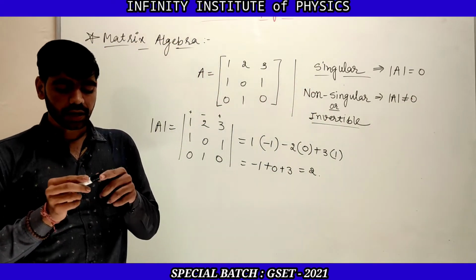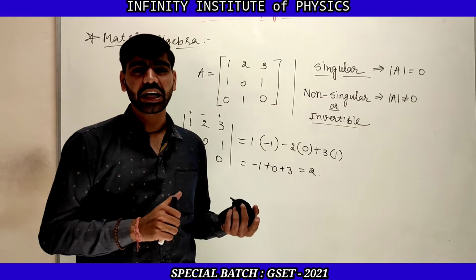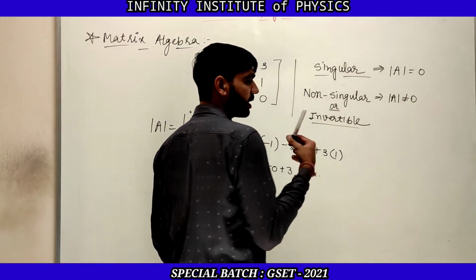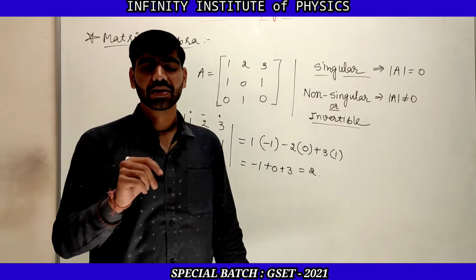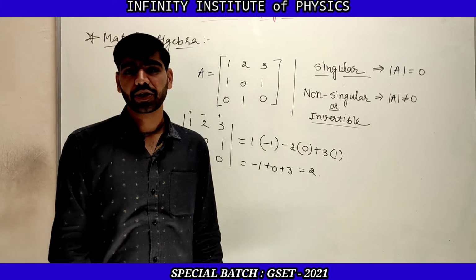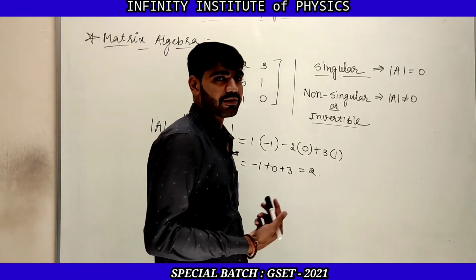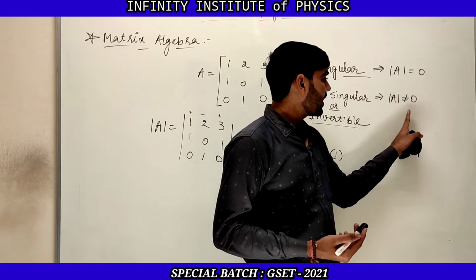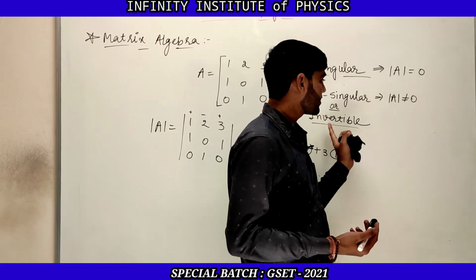Invertible means a matrix for which we can find the inverse, because if the determinant is not equal to 0, then we can apply the formula to find the inverse, that is A inverse is equal to 1 upon determinant of A into adjoint of A. Otherwise we can't. So if the determinant of A is not equal to 0, then the matrix is said to be invertible.